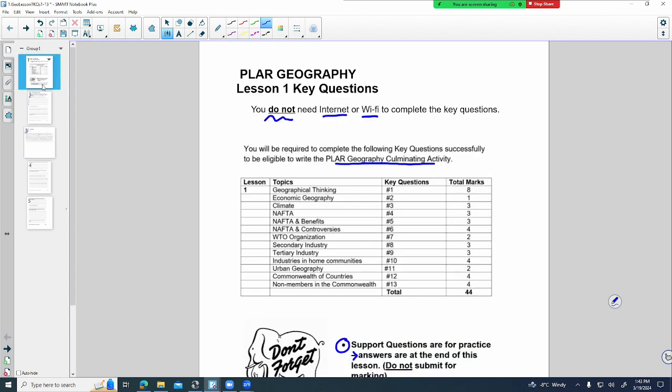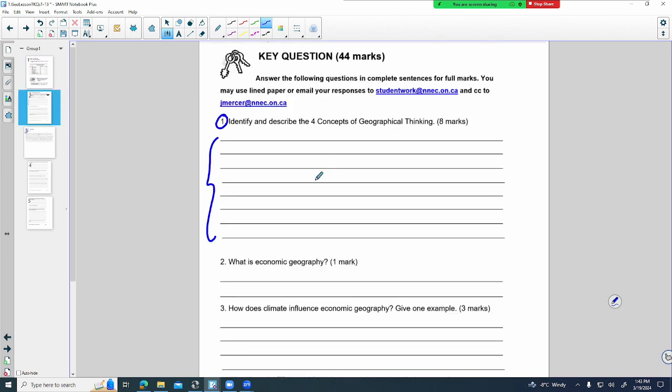You will also notice that the key questions are in order. So if you write down the key question number and it's between number 1 and 13, then I know you're answering key questions from lesson 1. Okay, the first one says identify and describe the 4 concepts of geographical thinking. So make sure when you're doing this that you're identifying and you're describing.